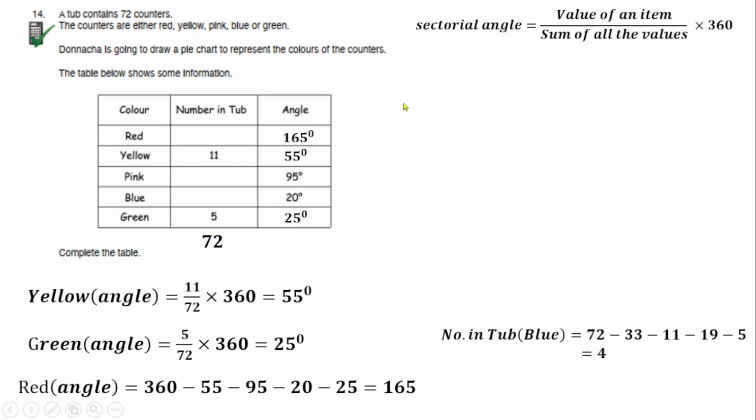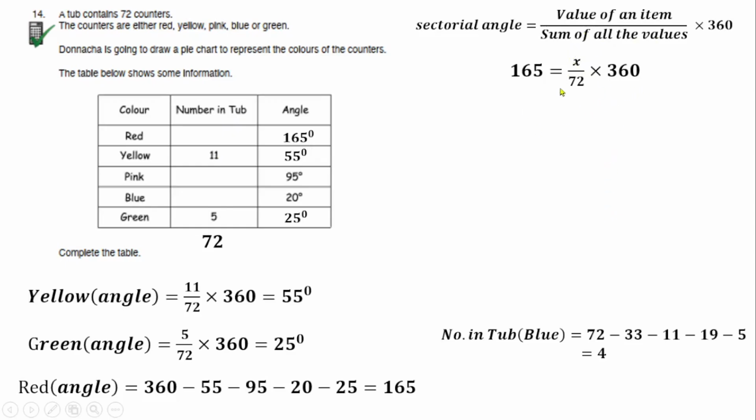So we can use that to find the actual frequency of red. Let's use x for easy simplification to represent the number of tubs in red. So 165 equals x divided by 72 times 360. From there we can simplify further.